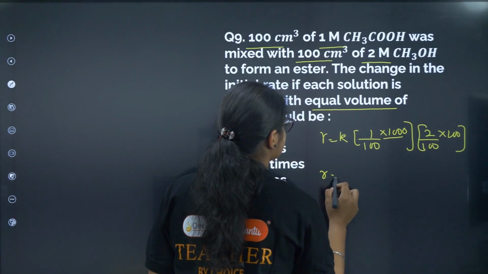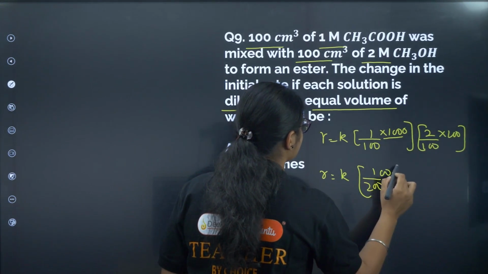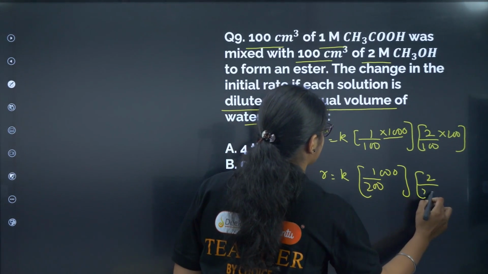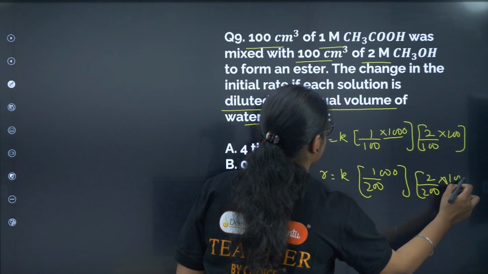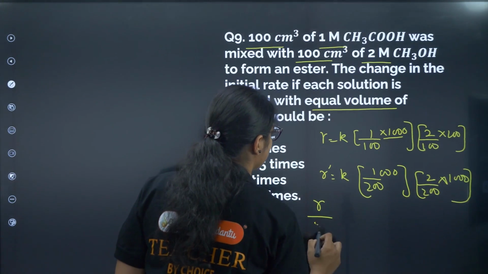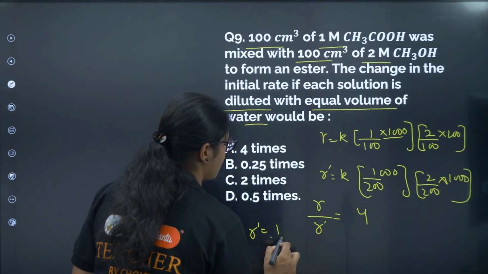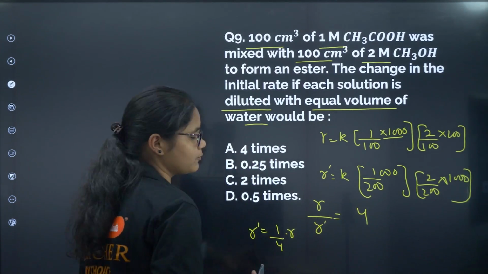Now what they have done is increased the volume. So I can take it 200 and here also I can make it 200. Okay. So now if you take the ratio of these two, we will get R by R dash as 4. So R dash will be 1 by 4 of R, that is 0.25 times.